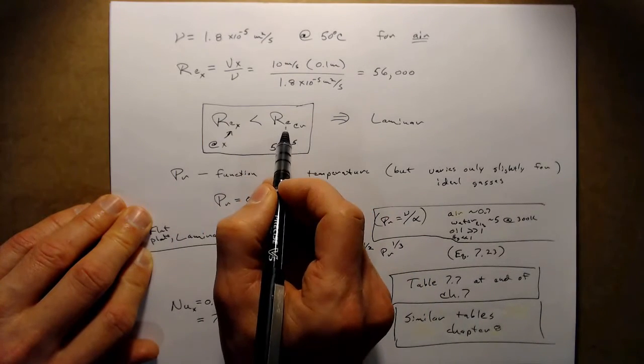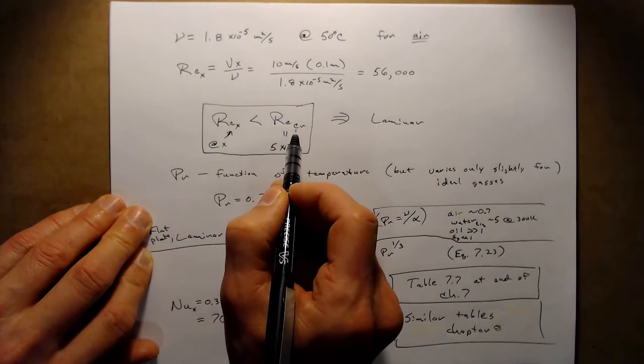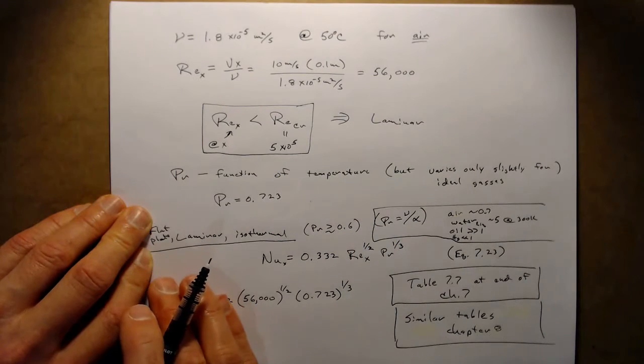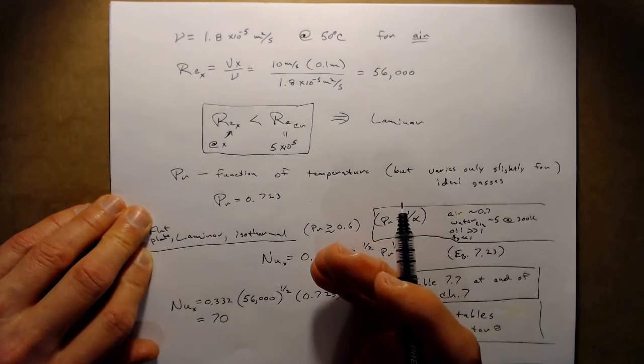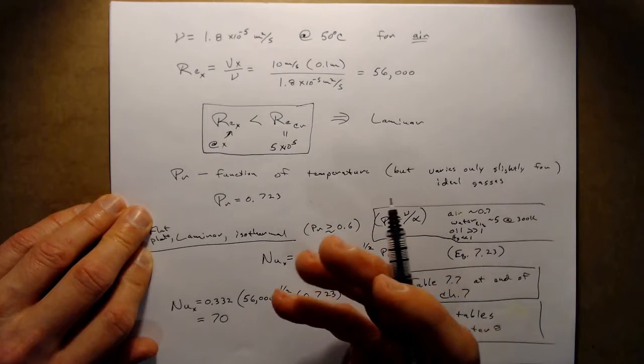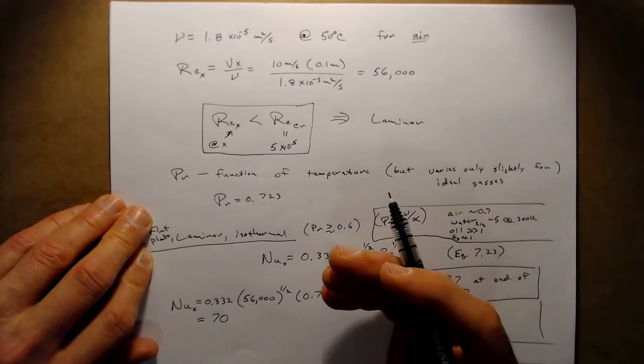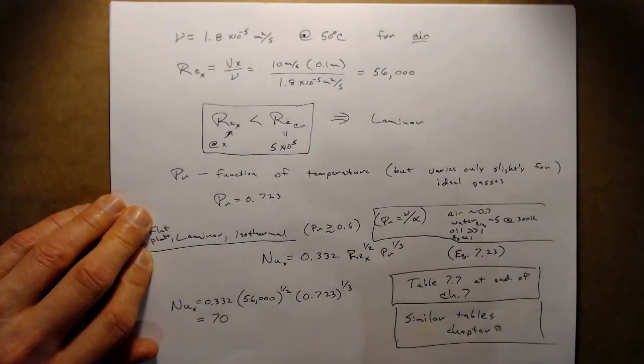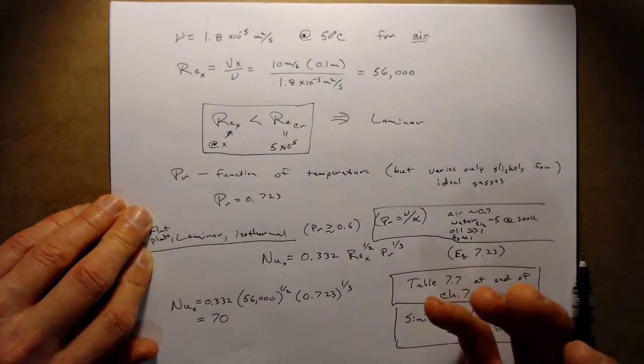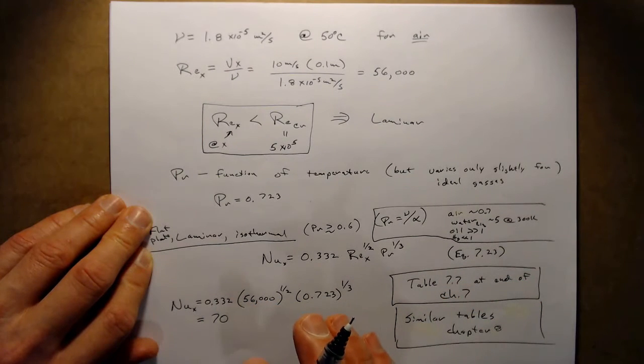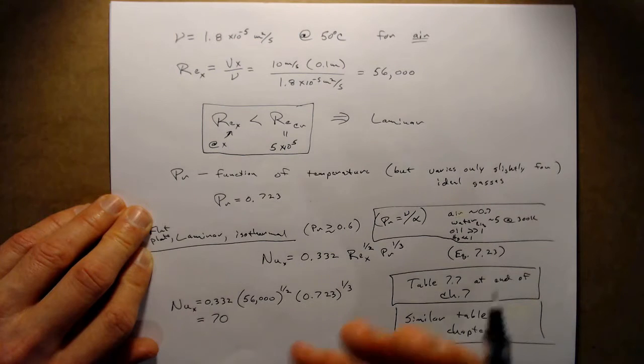We compare that to the critical Reynolds number. There is some Reynolds number above which the inertia is sufficient to overcome the tendency of the viscosity to damp out perturbations. If the Reynolds number is high enough, those perturbations will cause mixing in the flow.